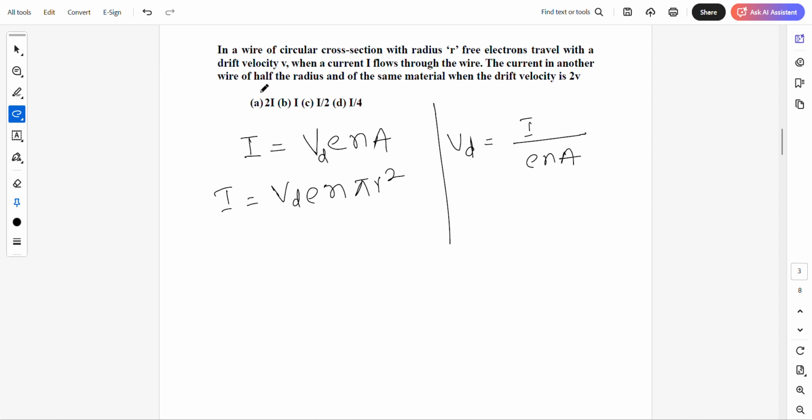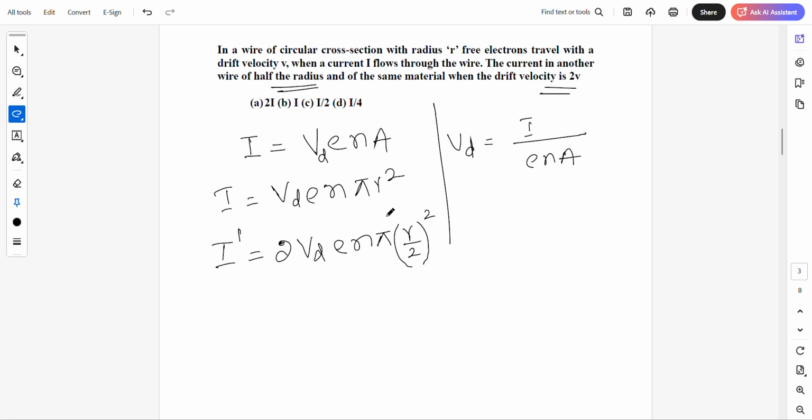Now in another wire of half the radius and the same material, the drift speed is increased to 2v_d, and now he is reducing the radius to half. 2v_d into e into n into pi, here this will be R by 2, because the radius is getting reduced to half.